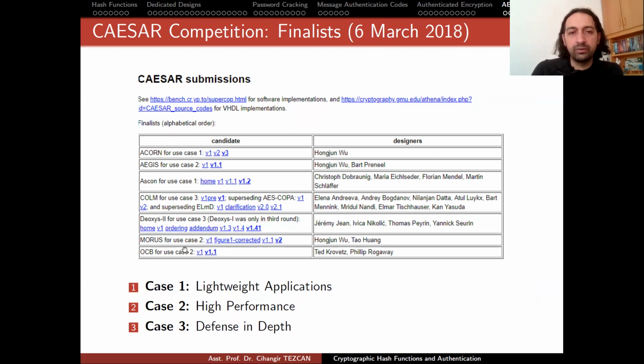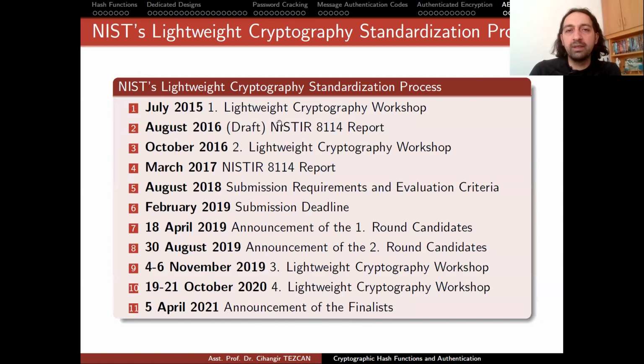So these are the winners of the CAESAR competition, but as far as I know, so far none of them are standardized in any protocols or standards. But another competition is now going on, and this is the NIST Lightweight Cryptography Standardization Competition.